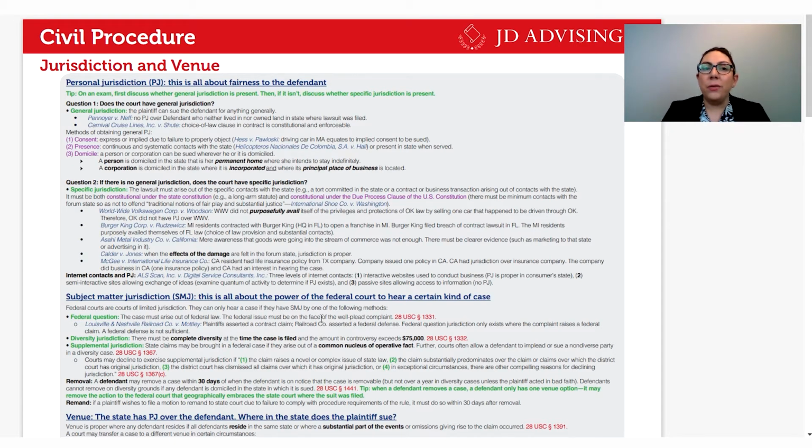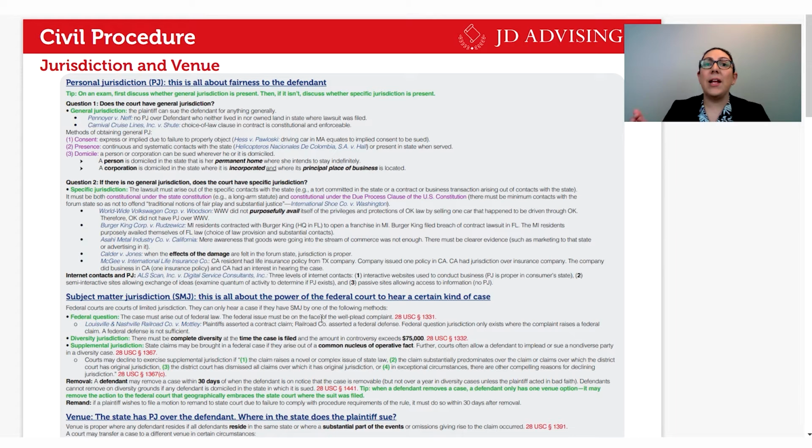Method number two is presence, and there's two ways to get presence. Number one is continuous and systematic contacts with the state. So I mentioned that I live in Michigan. Let's say, for instance, that I live on the border between Michigan and Ohio. And even though my house is in Michigan, I work in Ohio. So every day I get in my car and I drive to Ohio, and I spend a good chunk of my day in Ohio.